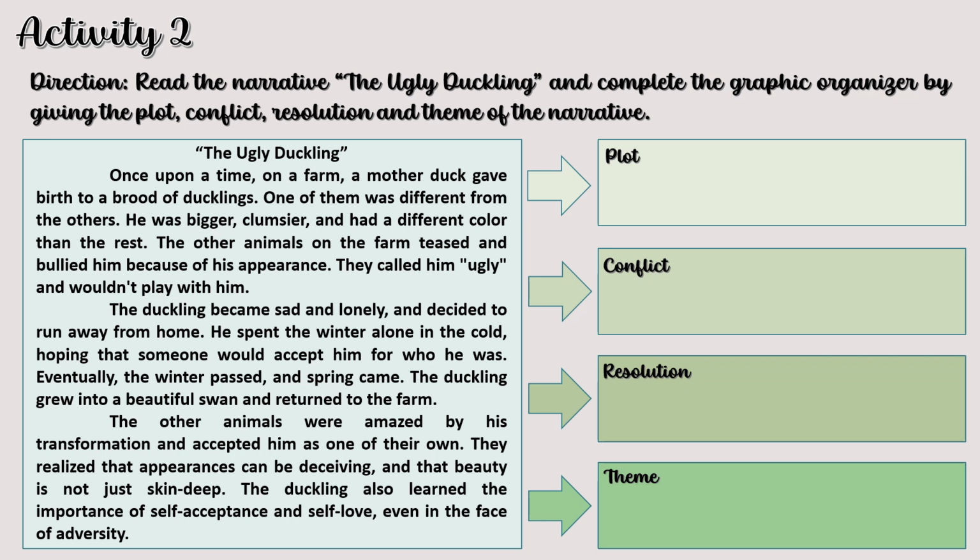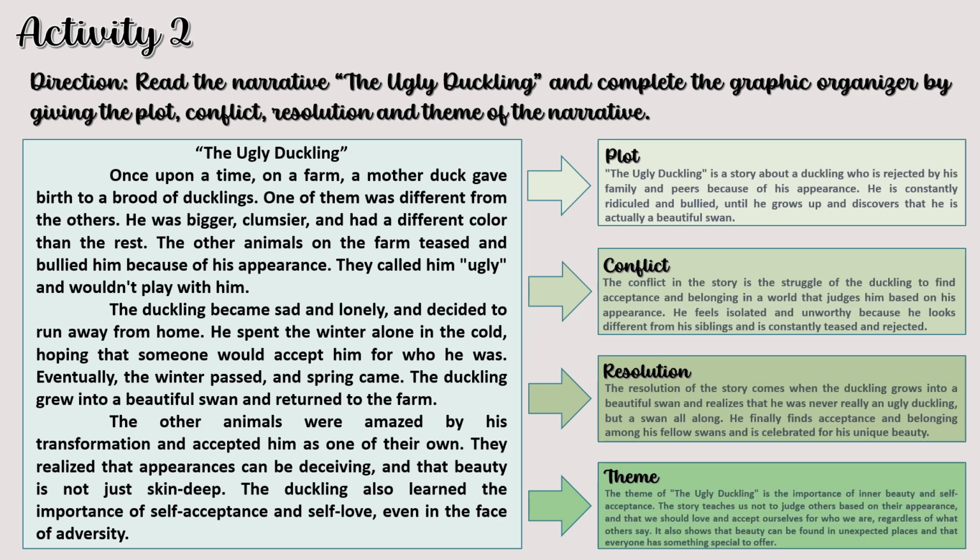Okay, time's up, and here are the answers. For the plot, The Ugly Duckling is a story about a duckling who is rejected by his family and peers because of his appearance. He is constantly ridiculed and bullied until he grows up and discovers that he is actually a beautiful swan.